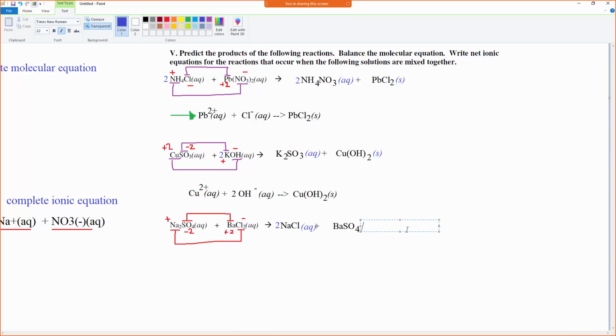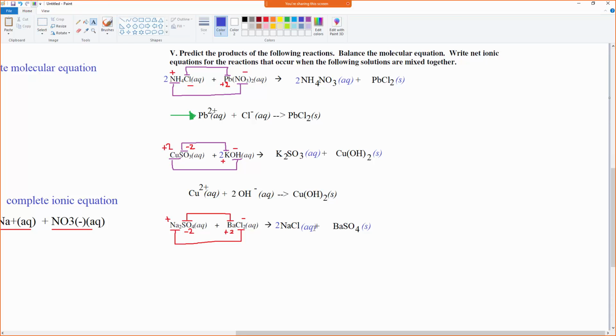Is that going to be soluble or insoluble? Insoluble, so that will be solid. Okay, so how did you guys know, again, that the sodium chloride was aqueous, but the barium sulfate was going to be solid?